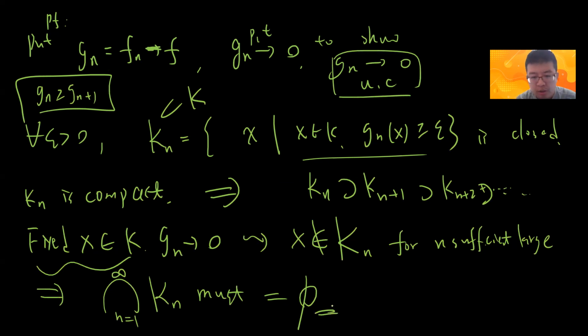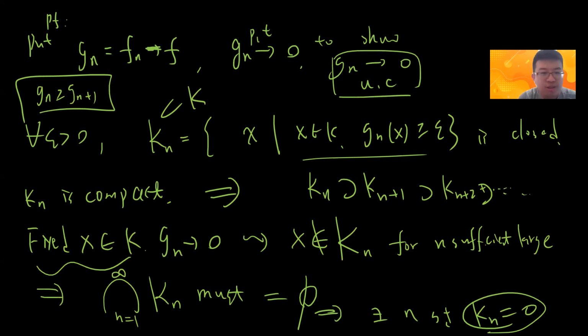So that means there exists n such that Kn is empty, right? But what this means is that there exists n such that Gn is less than epsilon, independent of x. So Gn converges uniformly to 0.